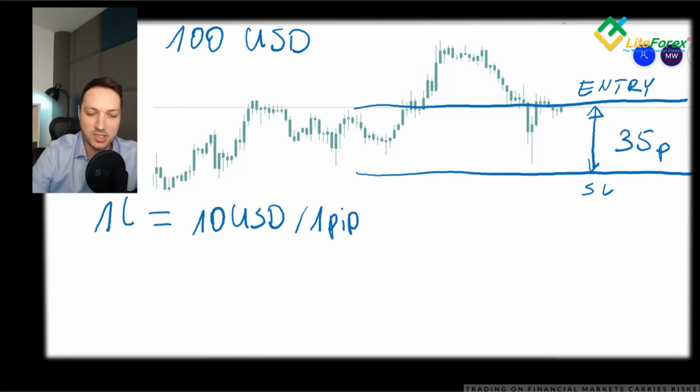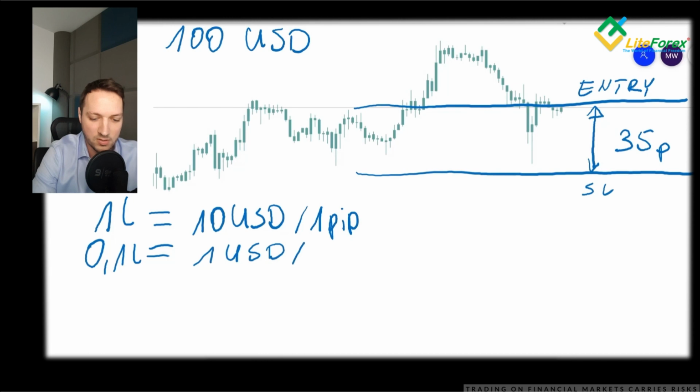So that is way too much. Mini lot, sorry, bad writing. Mini lot, which is 1/10 of one lot, is $1 per 1 pip. 35 pips, $35.